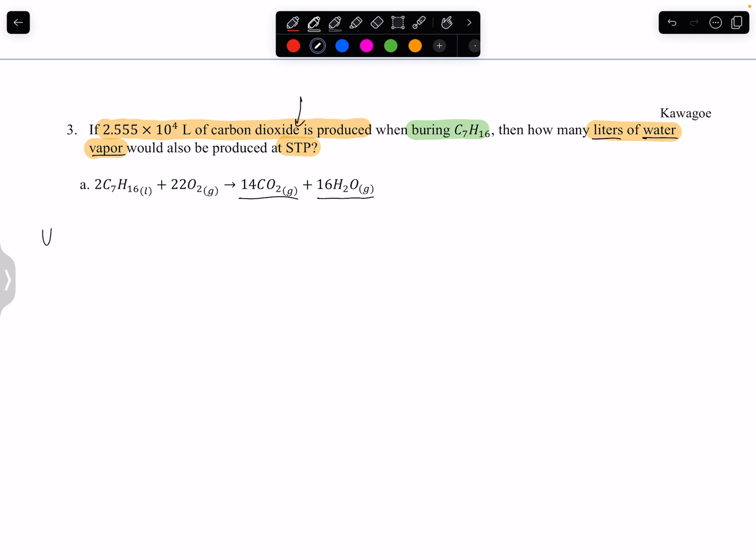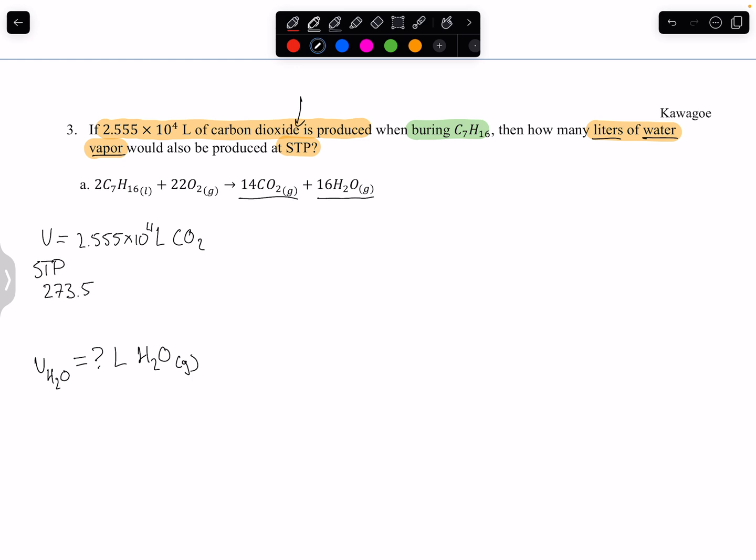So one way we could do this, we've got our volume here for CO2 is 2.555 times 10 to the 4 liters of CO2. What we want to find is the volume, and I'm going to use a subscript here, volume of H2O. How many liters of water vapor? The other little piece of information that's necessary here is STP. Remember, STP, standard temperature and pressure.